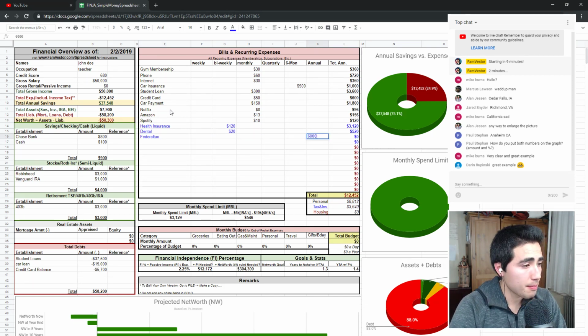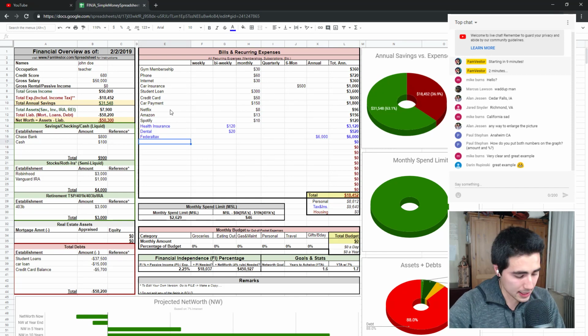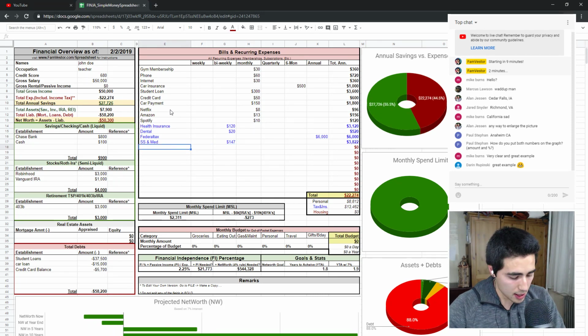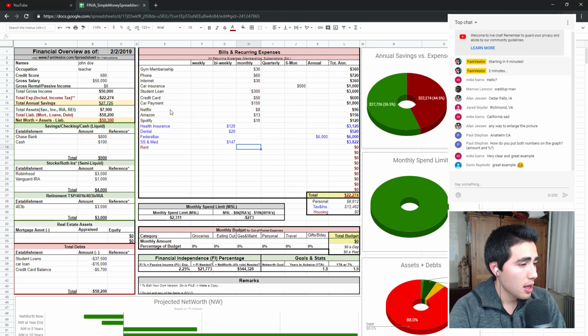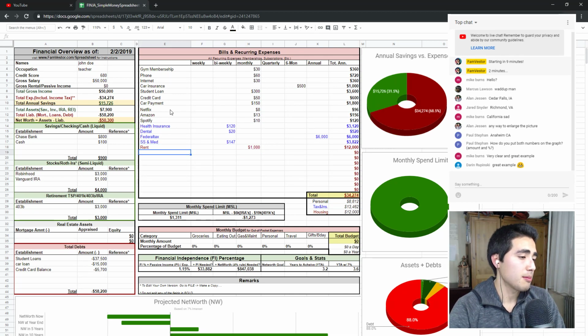I think that would be about correct for him for federal and state there. And then Social Security and Medicare of $1,000. $147 a month comes out of his paycheck. And then let's do a housing payment. So he rents. And let's say he got a good deal at $1,000 a month.